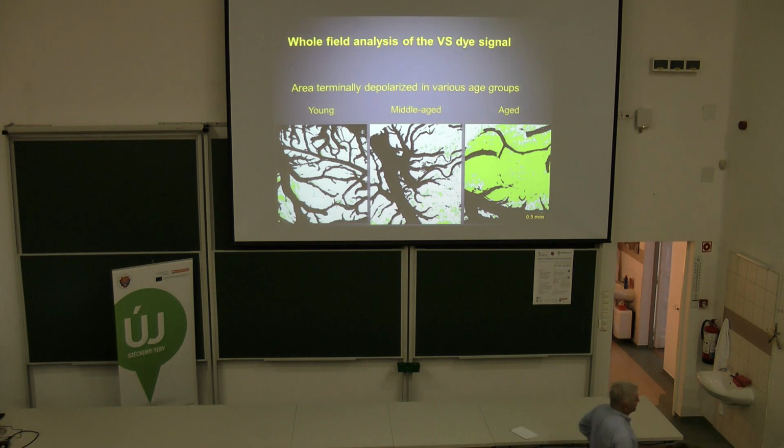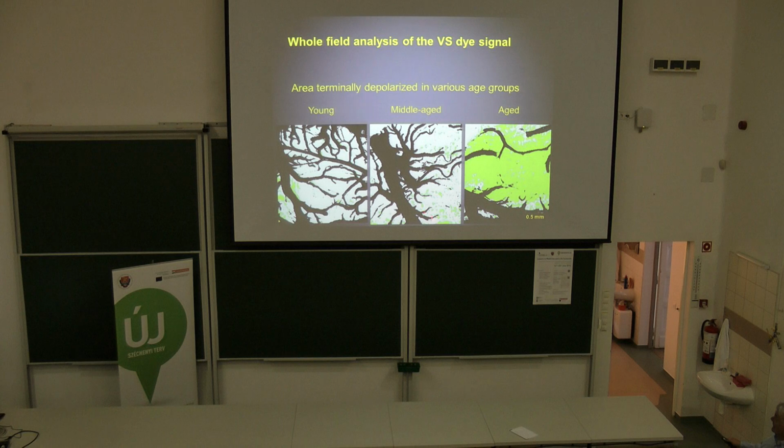I don't go into details, but you see the difference is obvious. In young rats, the depolarization happened, and the green color is indicating the long depolarizations. The white is the fast ones, with very few long depolarization waves.